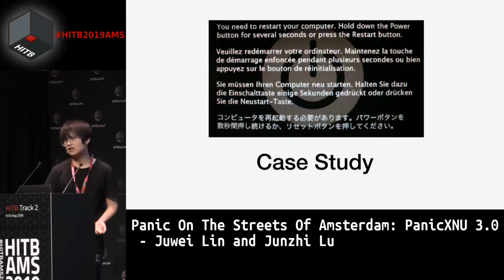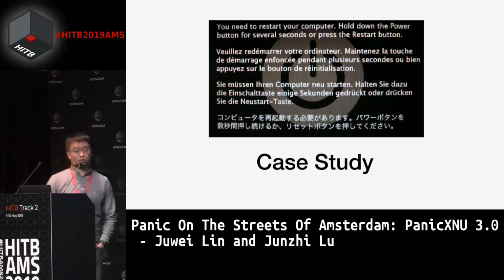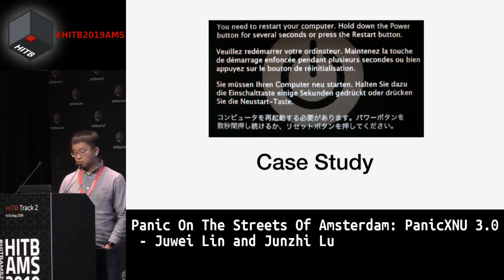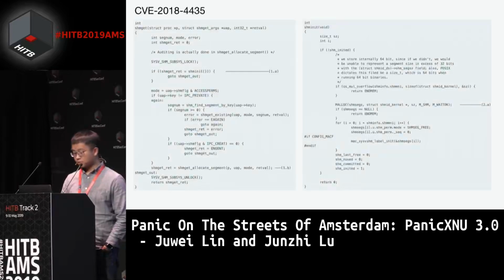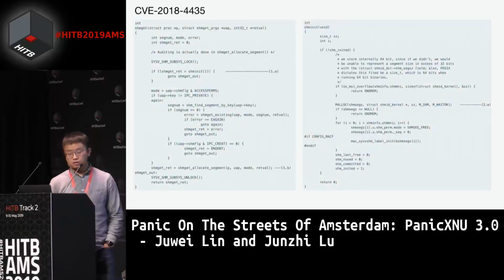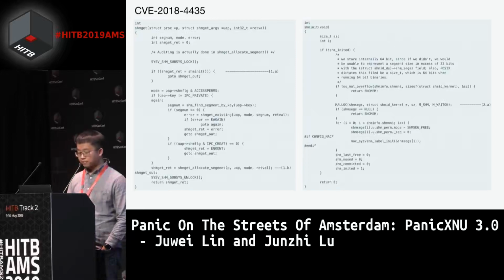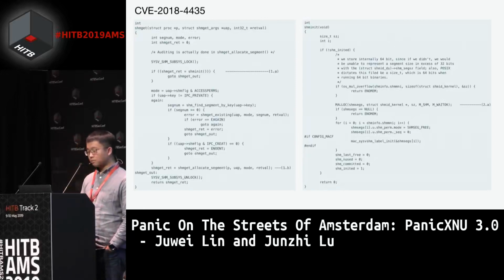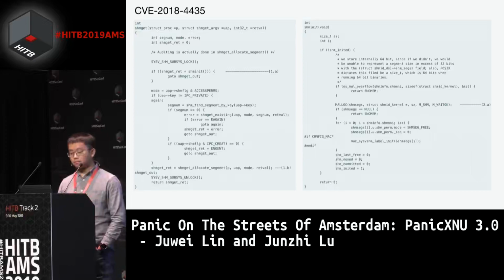Next is the case study. Okay. Next, I will introduce some very quick case studies of the vulnerabilities found by this tool. This is 4435. It is a heap memory disclosure vulnerability.